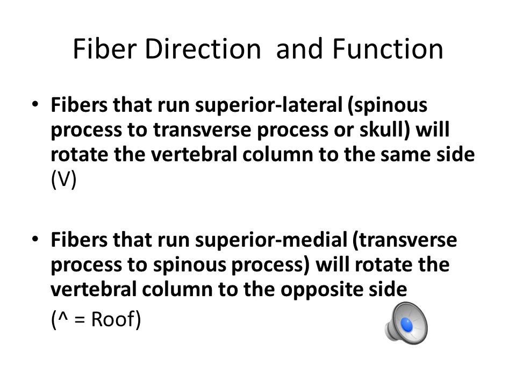Whereas fibers that run in a superior medial direction will rotate the vertebral column to the opposite side. So now picture a muscle that is attached to the transverse process of C4 that courses superior medially to C3.